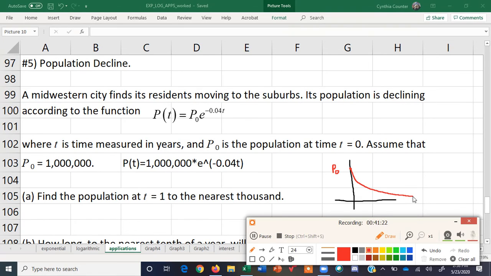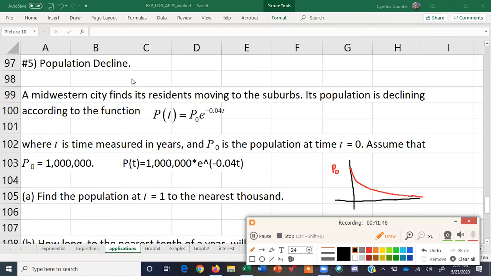Notice as this gets bigger and bigger, this is going to approach 0. So it's asymptotic to the x-axis. It is getting closer and closer to this x-axis, but never quite getting there. We're declining, so this is what they call a decay function.